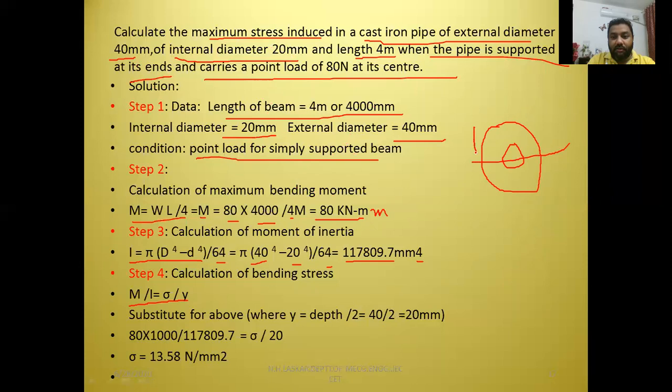This is the distance of the top layer from the neutral axis, that is the radius of the external side. The external diameter is 40 millimeter, so Y is 20 millimeter. By putting these values, we get sigma as 13.58 Newton per millimeter square.